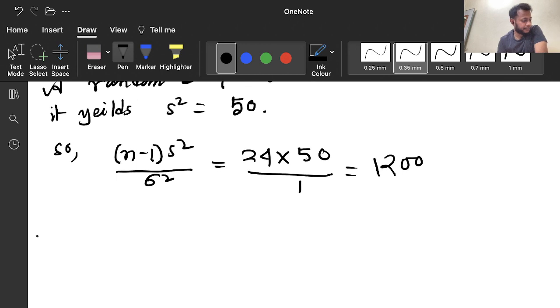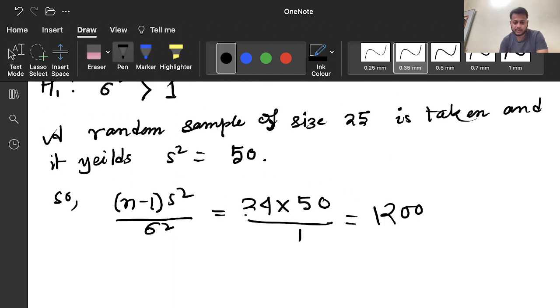and you see that the chi square is higher than this, so we always reject the hypothesis.